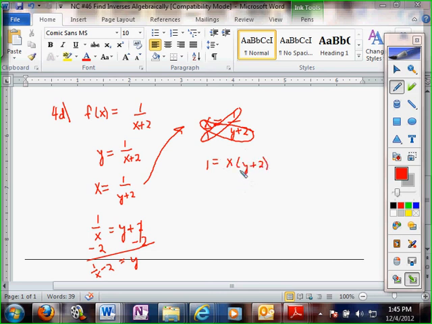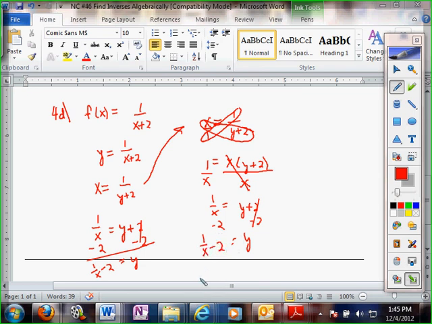Since I'm solving for y, there's no need to distribute this x inside the parentheses there. That's going to create a little extra work. Since x is being multiplied by this sum, y plus 2, go ahead and divide by x to get rid of it, to make it go to the other side. So I have y plus 2 is equal to 1 over x. Subtract 2 from each side. And again, I get that y is equal to 1 over x minus 2.